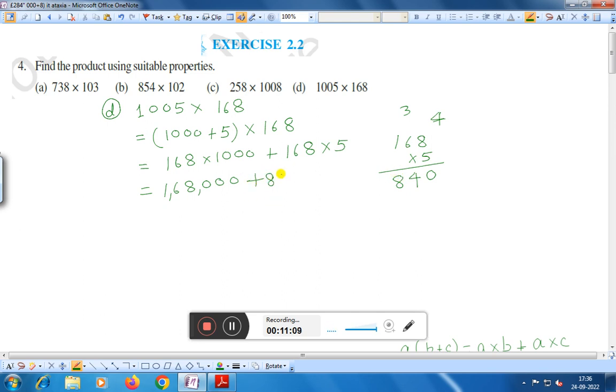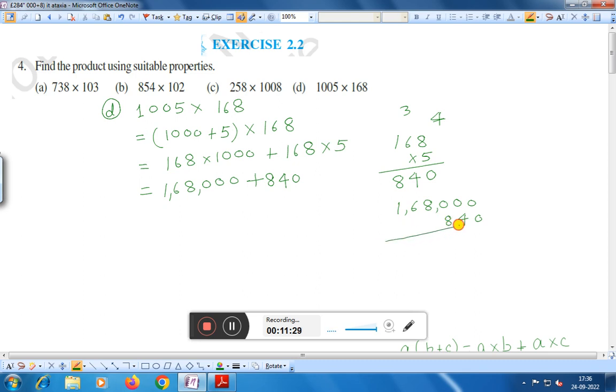Therefore, adding these two numbers, 168000 and 840.